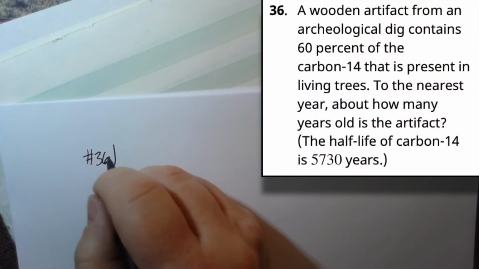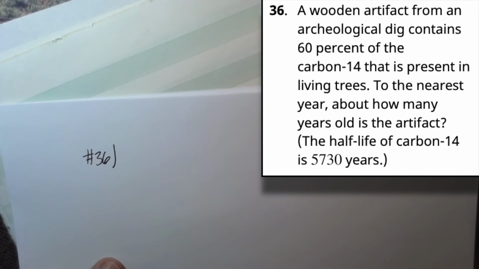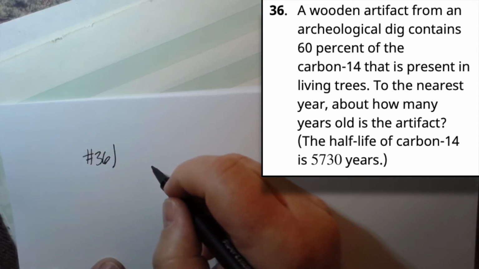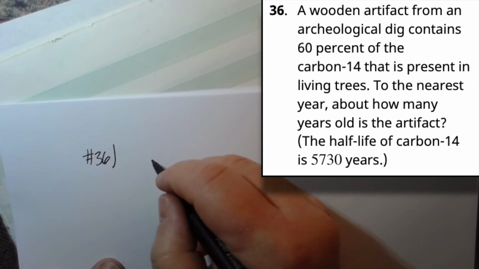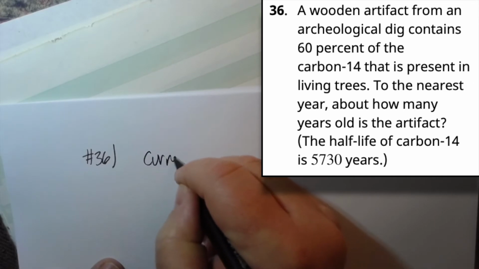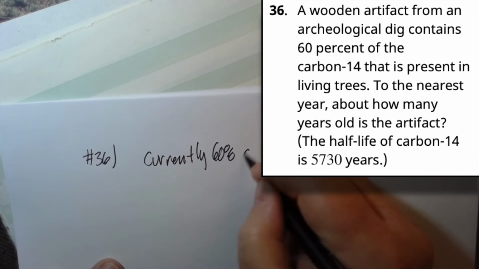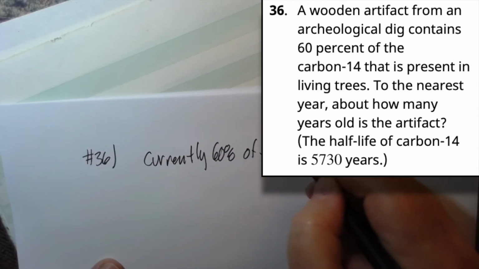Alright, so let's do number 36. A wooden artifact from an archaeological dig contains 60% of the carbon-14 that is present in living trees. So currently, 60% of the carbon-14.